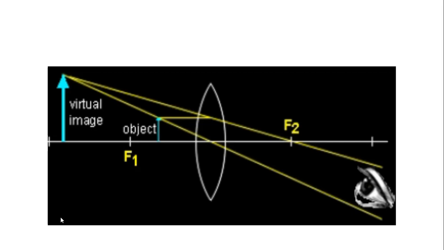In all the other positions of the object, the image is formed on the opposite side of the lens and is real. But in this case, the image is formed behind the object, erect, not inverted, and big size. You know that convex lens gives a big size of the images, real images.